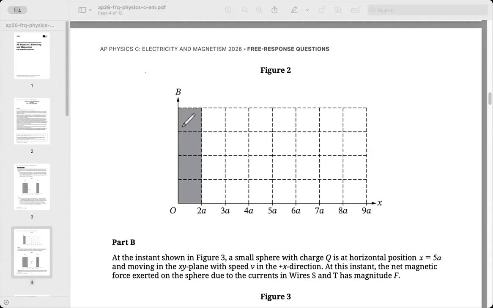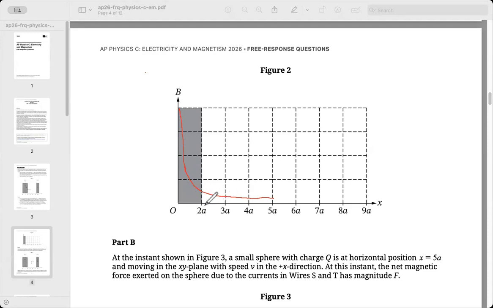The actual graph itself should be unbounded at 0 and 10A. And I know that it says that things outside of the shaded region will not be graded. Sorry, I'm trying to concentrate while I'm drawing this.